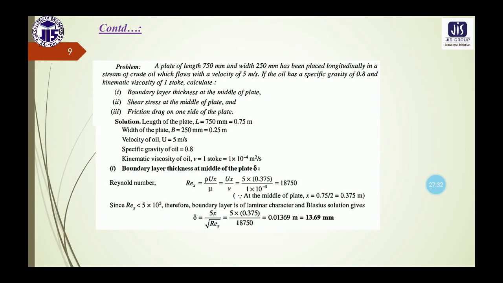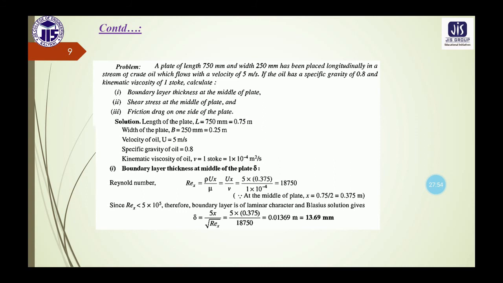First we need to check whether the value of the Reynolds number lies under the critical value of the Reynolds number for the laminar boundary layer. The formula of the Reynolds number is rho u x by mu, or u x by nu.